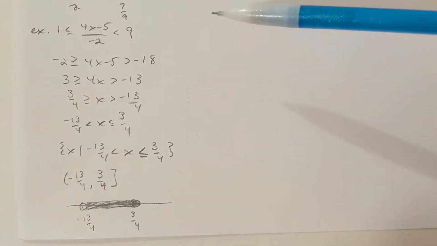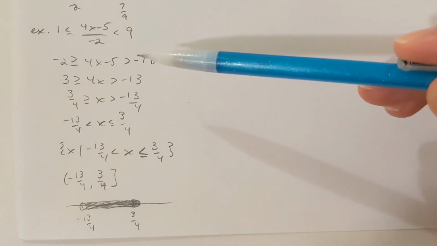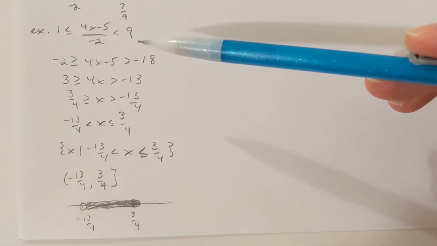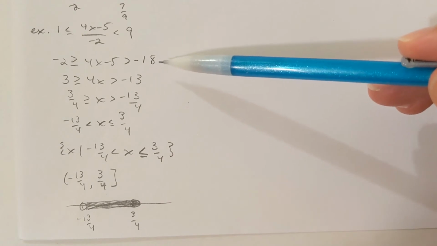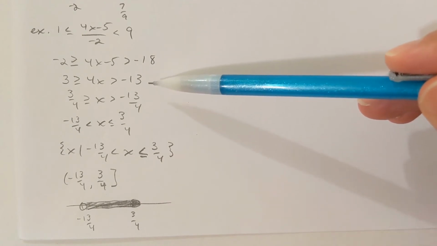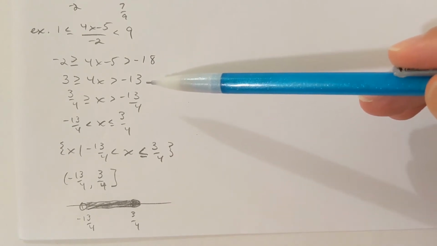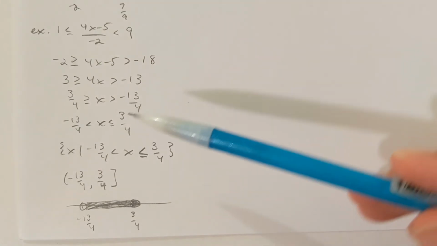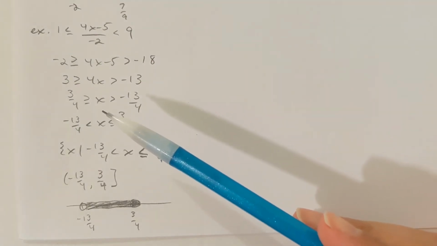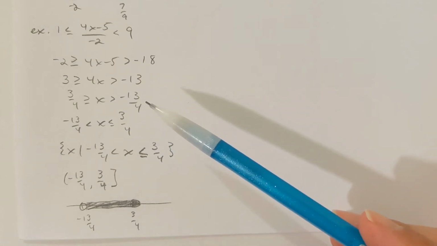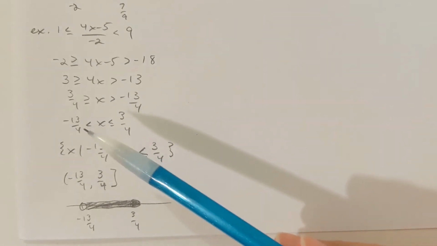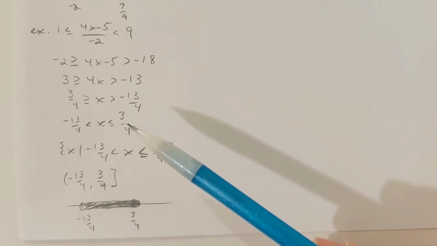If I add 5 throughout the three parts, -2 plus 5 is 3. I've got 4x in the middle. -18 plus 5 is -13. Divide by 4, and so 3/4 is greater than or equal to x, which is greater than -13/4. Okay, and I've written that as a compound form.